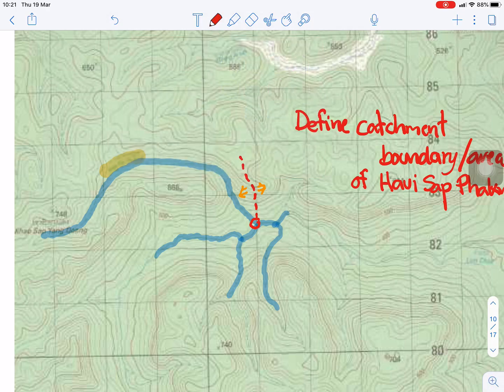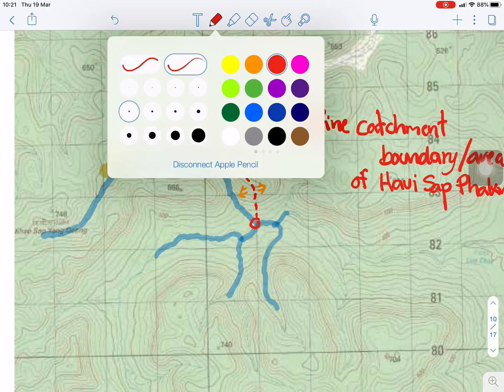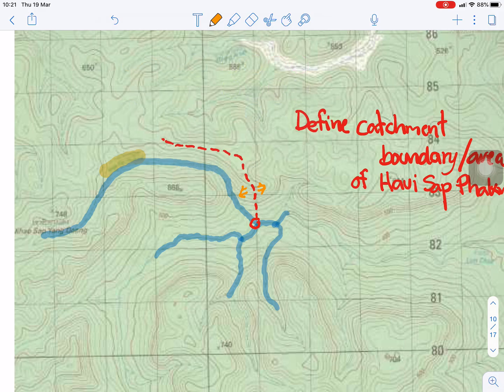We can draw the watershed divide. This is like the top of the hill. It's similar to this one. So if the flow is on the top, it goes to another subcatchment. Okay.